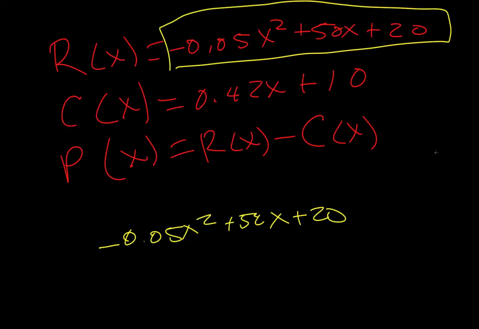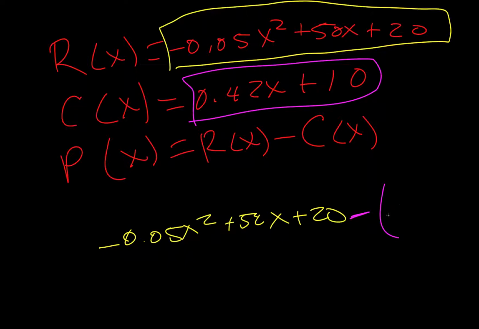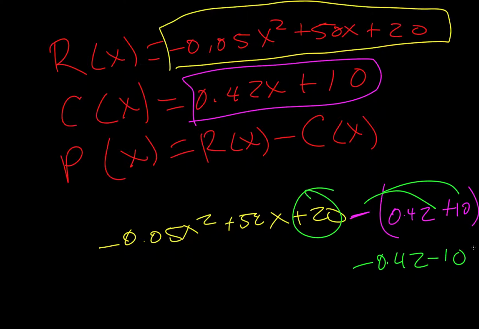Then we are going to subtract all of this, 0.42 plus 10. So we do some polynomial stuff, combining like terms and distributing negative. So this is negative 0.42 minus 10. So this combined with this is just going to be a 10.